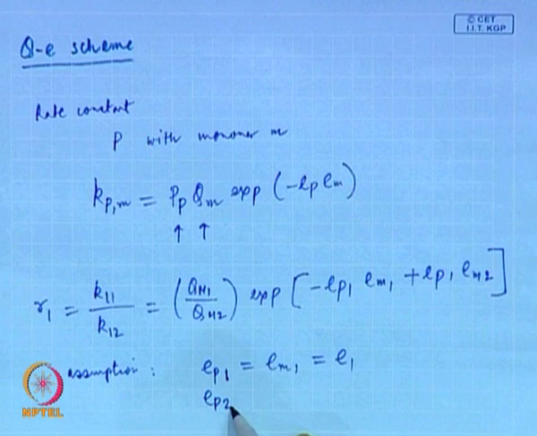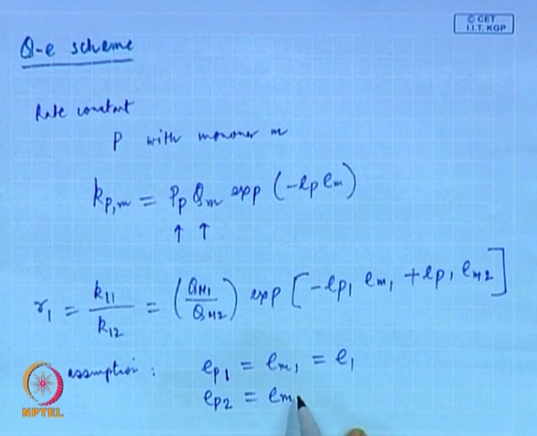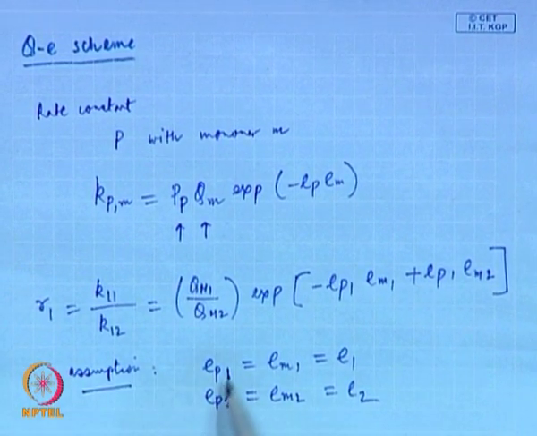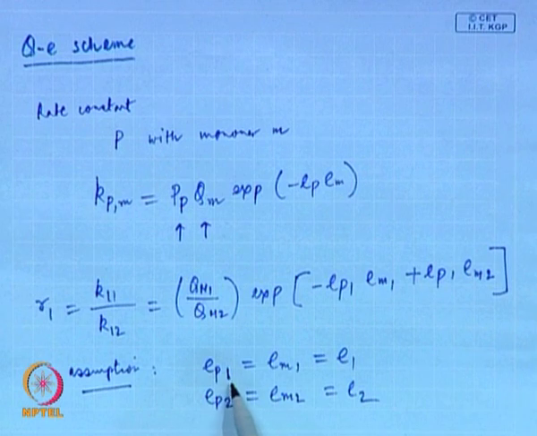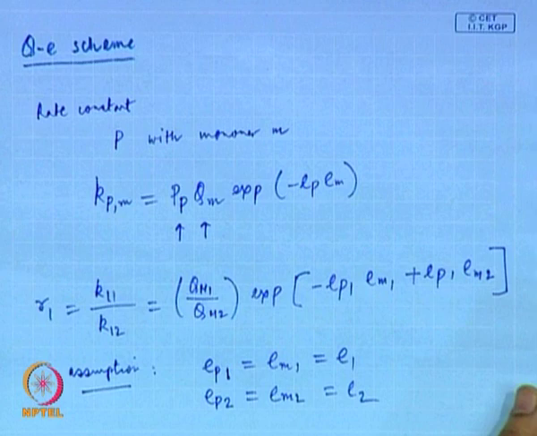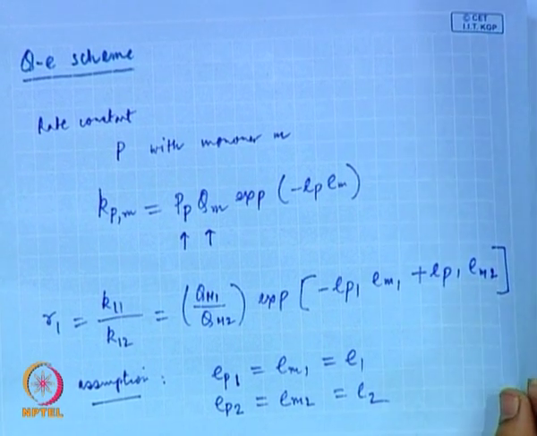Similarly, we can write E P2 and E M2 as E2. Again, the assumption is that the electrostatic charges on the polymer radical and the monomer are the same if the monomeric residue at the end of the polymer radical is the same as the monomer we are talking about. So, similarly I can write for r2.